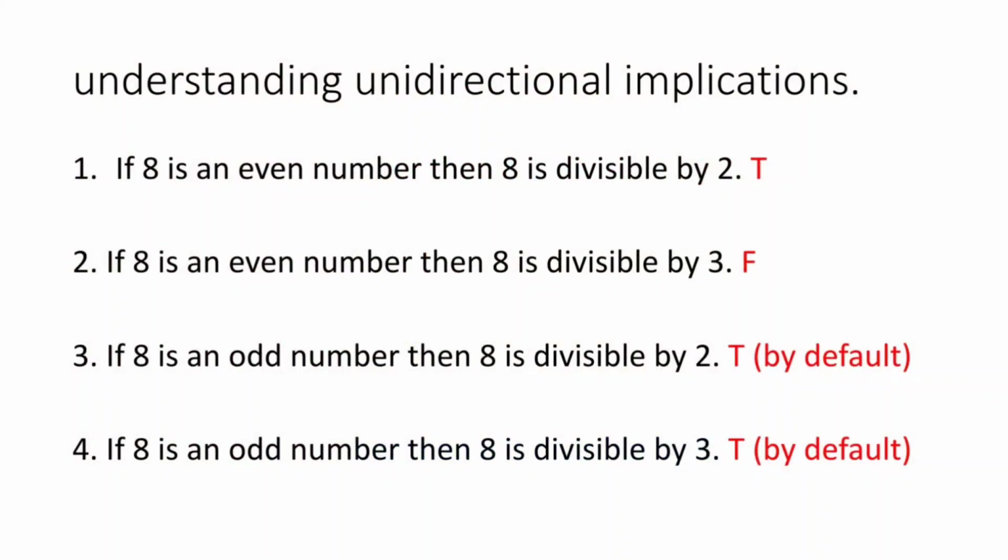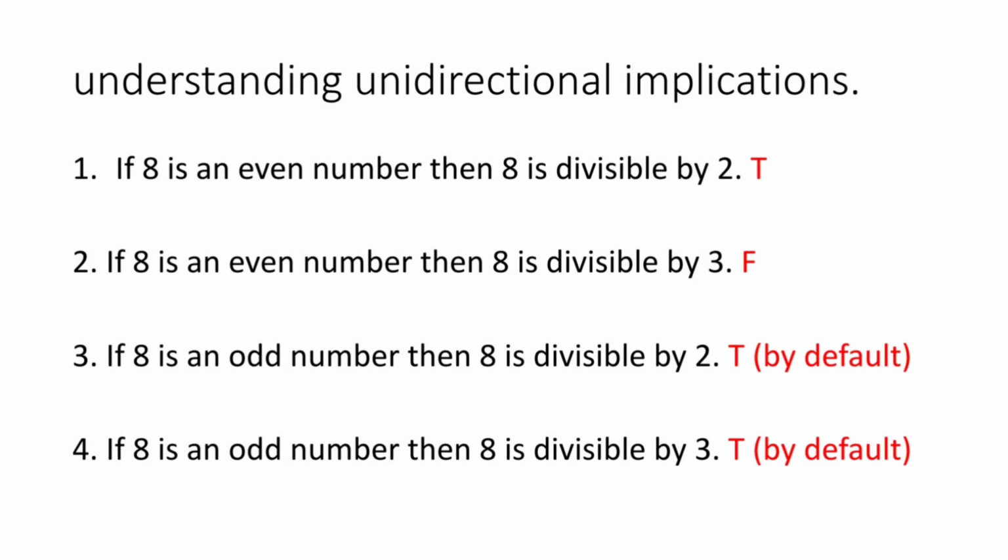Here are 4 examples of unidirectional implications. The first one is, if 8 is an even number, then 8 is divisible by 2. Here the antecedent is true and the consequent is also true, which makes the unidirectional implication true. The second one is, if 8 is an even number, then 8 is divisible by 3.